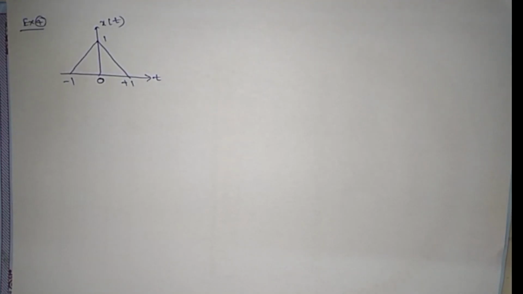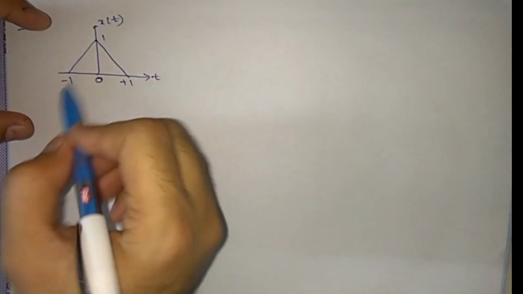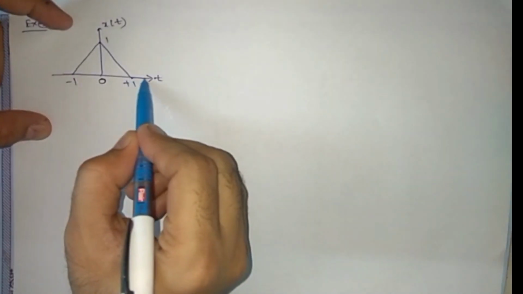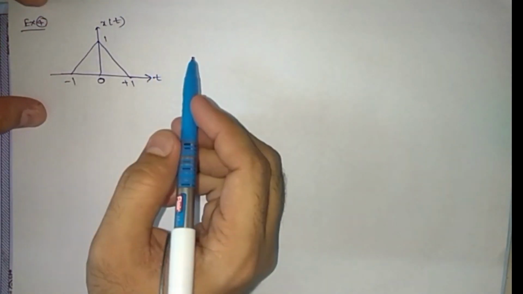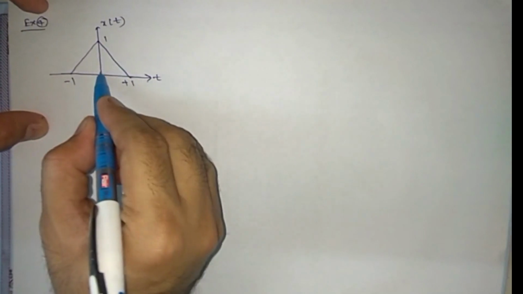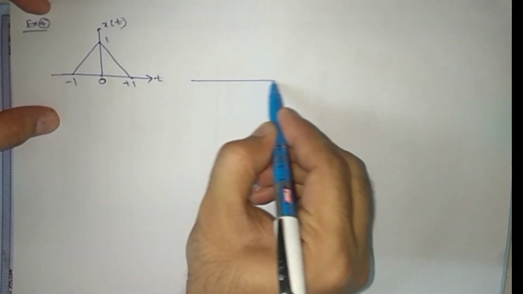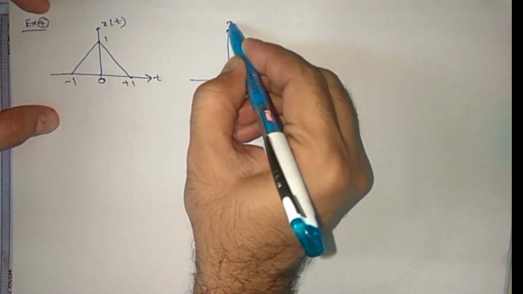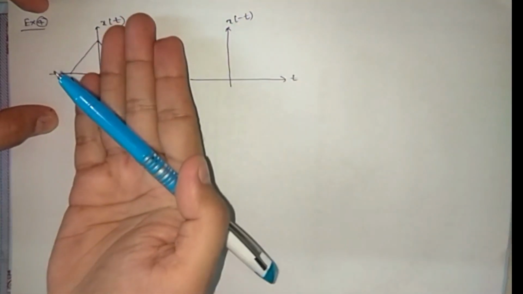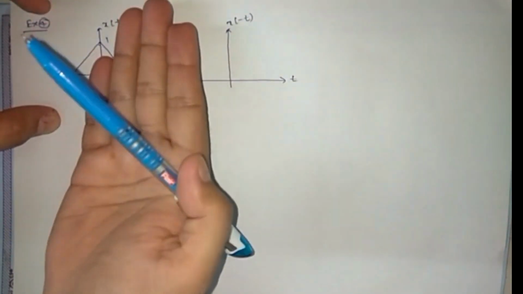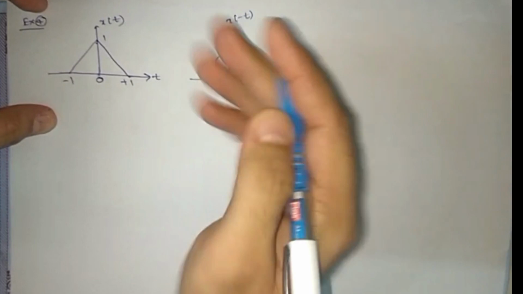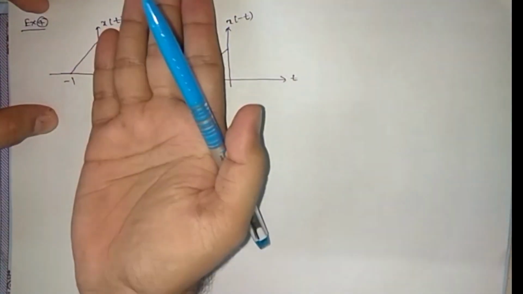Okay, let us see example 4. A triangle signal is given. It looks like a triangle. You can verify this one by using the mathematical equation also, but I am drawing directly here. X of minus t: whatever signal is there, this triangle, if you bring this side, just rotate, this is exactly like rotating a page in a book, right?